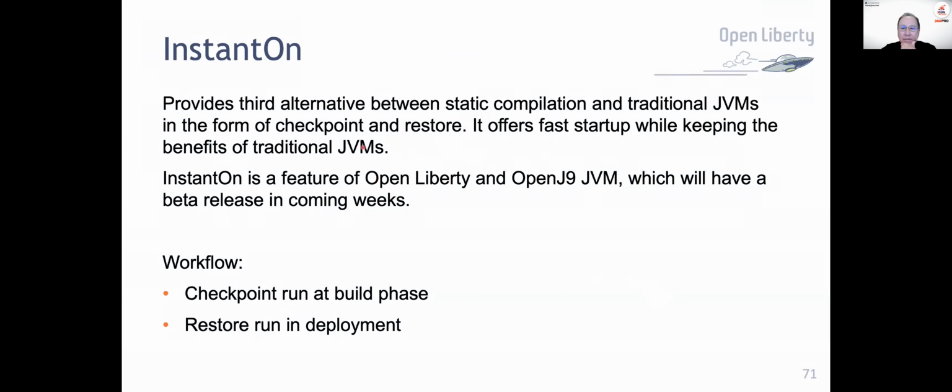The concept of Instant On is taken from a feature in Linux called CRIU, which enables taking a snapshot of a running application which can then be restarted from that point. The theory is that we're going to do the same thing with running applications or microservices. Once it's in a runnable state, we'll take a snapshot, and if it needs to be restarted, it can be done almost instantaneously.